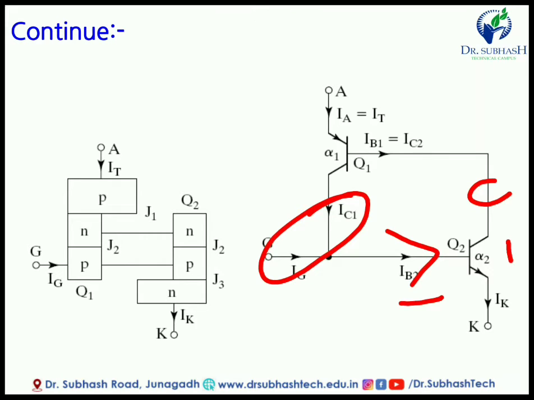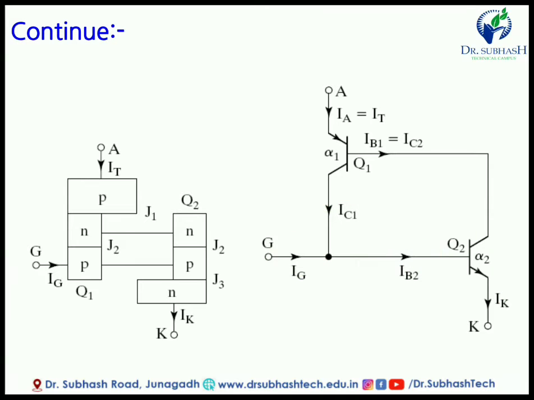IB2 is equal to IG plus IC1, and the cathode current IK is the addition of IB1 plus IB2. IB1 means IC2, and IB2. Whenever we add these two currents, it makes IK, the total cathode current.